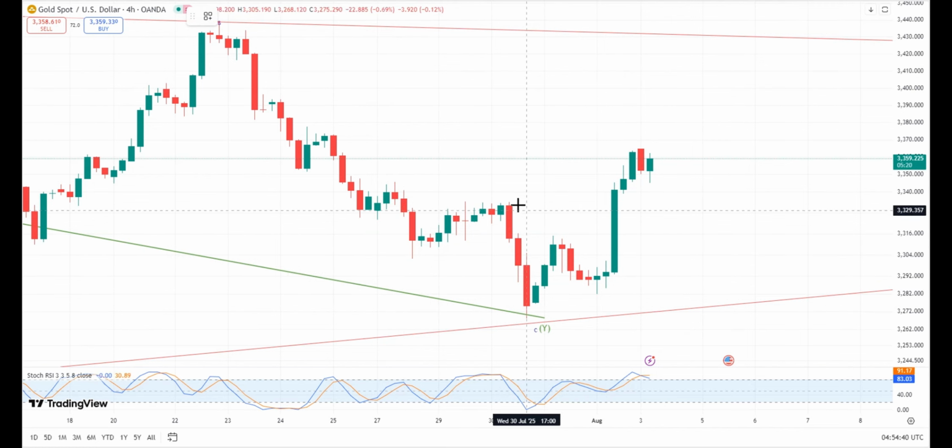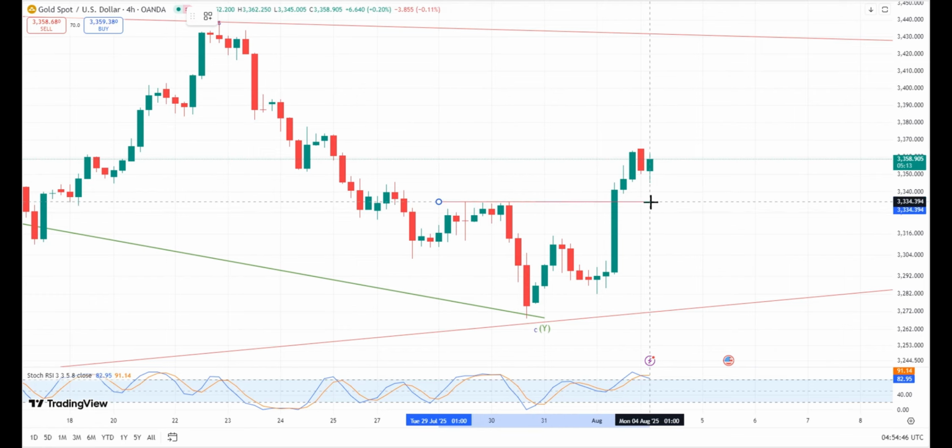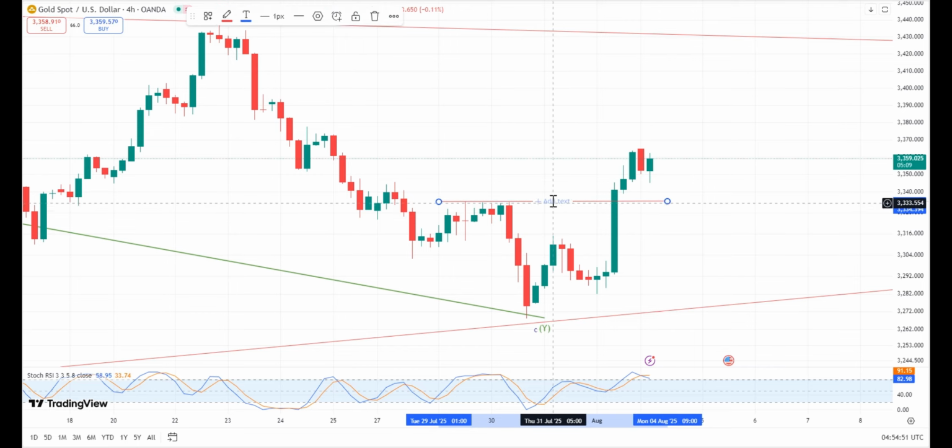So here is the local high, the last local high we have. So there's a break of structure in this place.